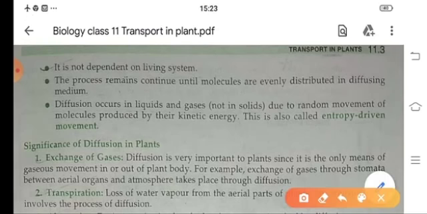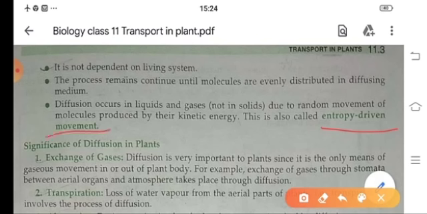That means diffusion does not depend on a living system, and the process continues till the molecules on both the sides get evenly distributed. Diffusion also occurs in liquids and gases only, because it does not occur in solids, because liquids and gases show movement by kinetic energy. So this is also known as entropy driven movement.